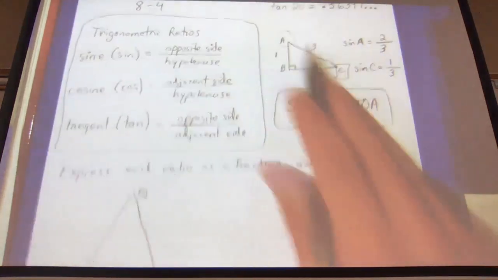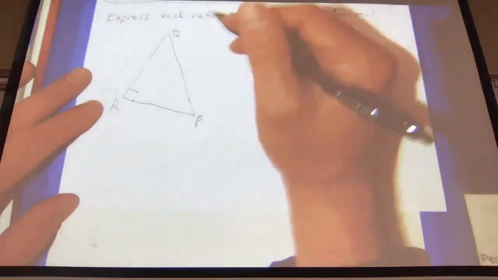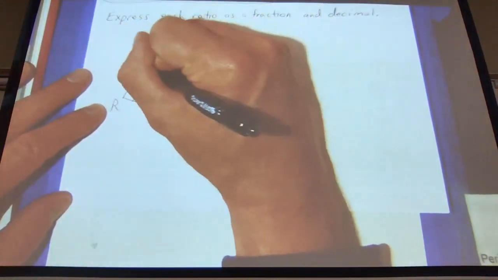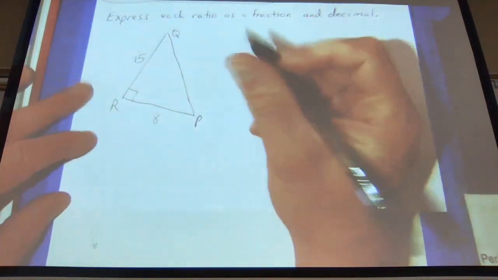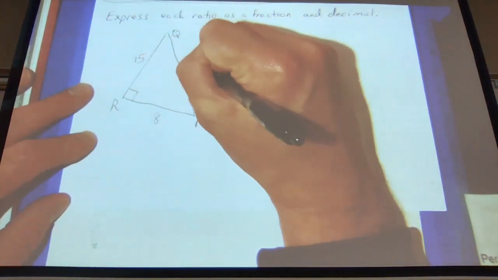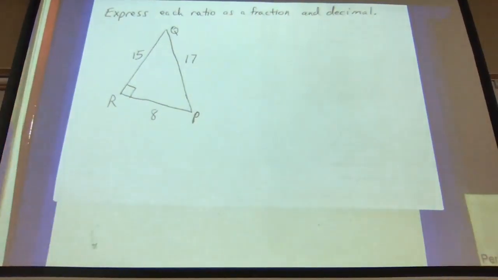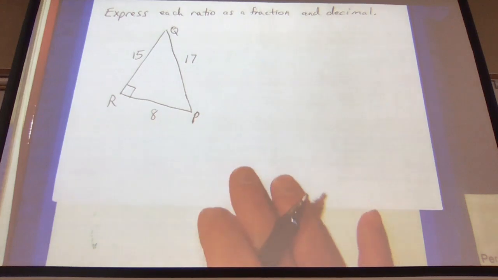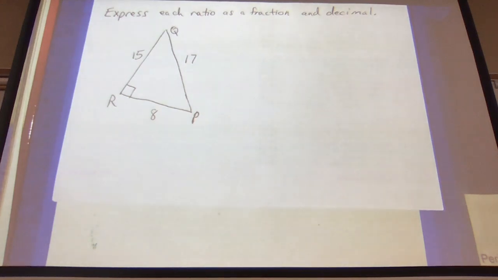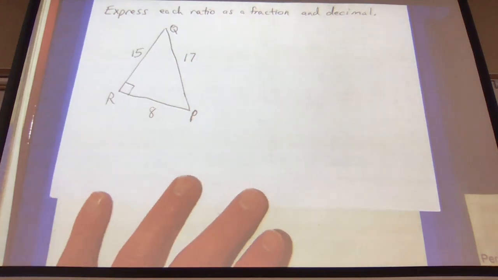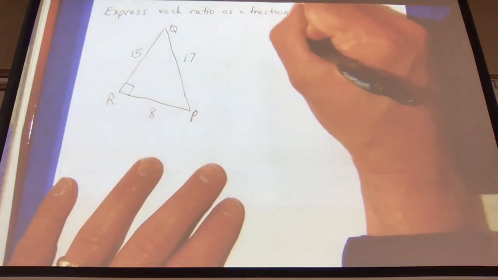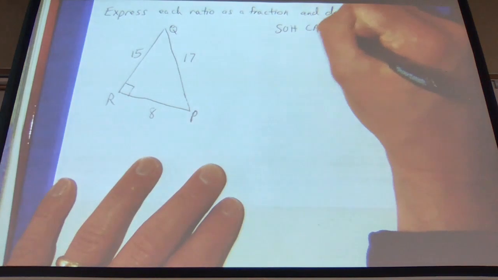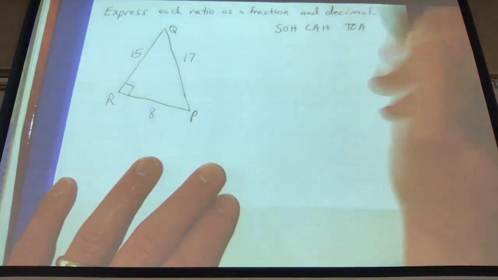And then like we did on our picture up here, we're going to give those sides some lengths. QR is going to be 15. RP is going to be 8. QP is going to be 17. And before we show you the problems, I'm going to write SOH CAH TOA down once again, because we're going to use this with every single one of the problems we do today.